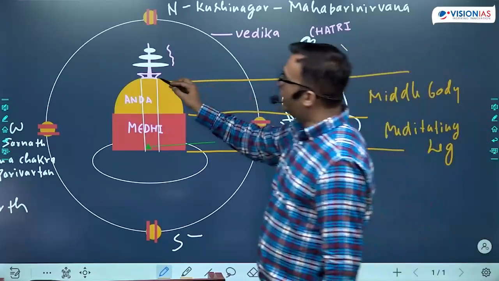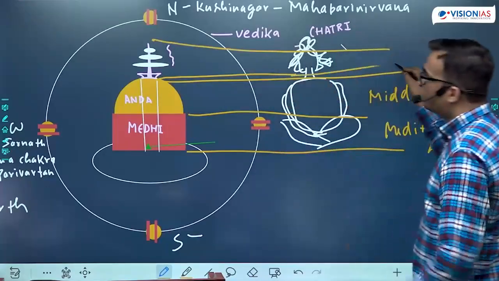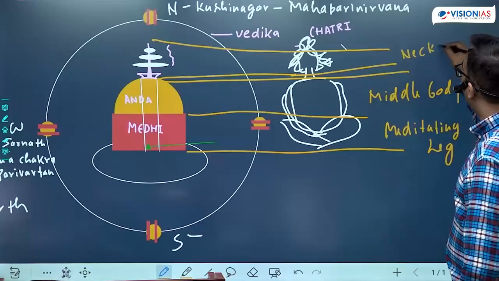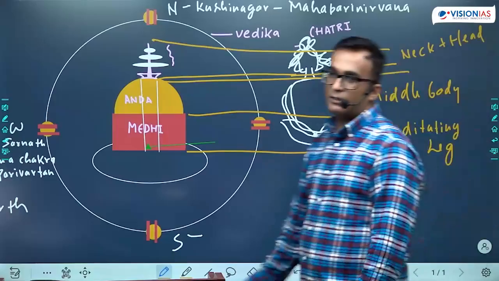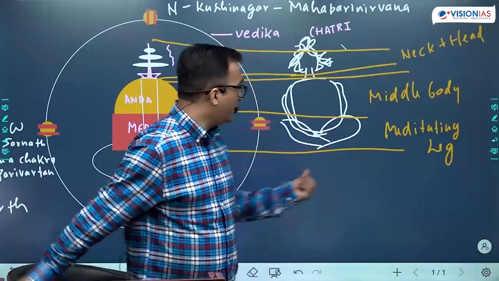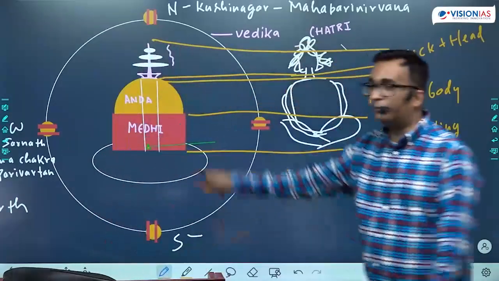And this entire part includes the neck and head of the Buddha. So this is the representation of the Buddha's body itself. And where is the Buddha's prana? The relics which are kept over here.